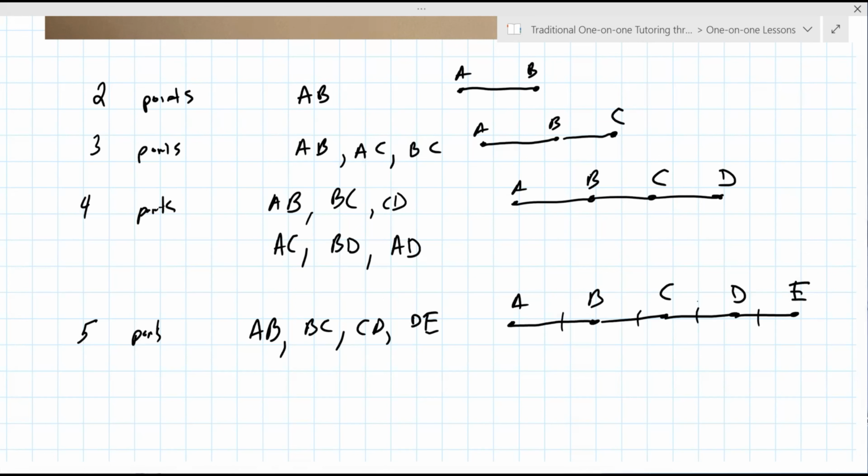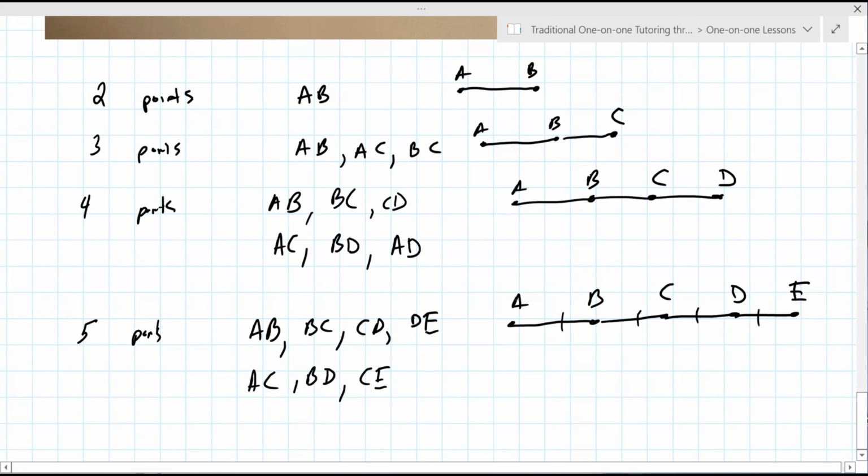Okay, so now we're going to do all the ones of length 2. So like A to C, do you see how A to C is length 2? And like B to D is length 2. And then C to E is length 2. So then next we're going to do the ones of length 3.